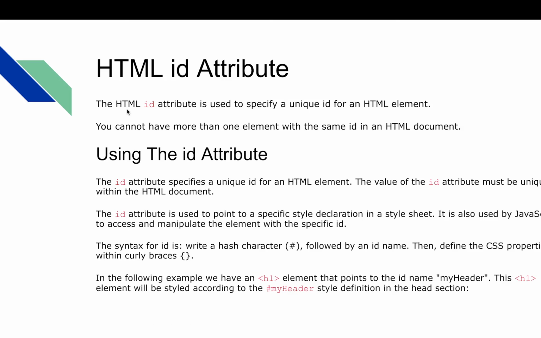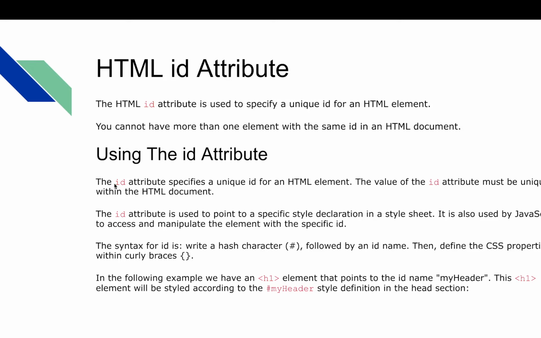So the next one is the HTML ID attribute. The HTML ID attribute is used to specify a unique ID for an element. So it's very unique. You cannot have more than one element with the same ID. Unlike class, where you can have more than one element with the same class, for ID you can't do that. Each HTML element has its own unique ID.